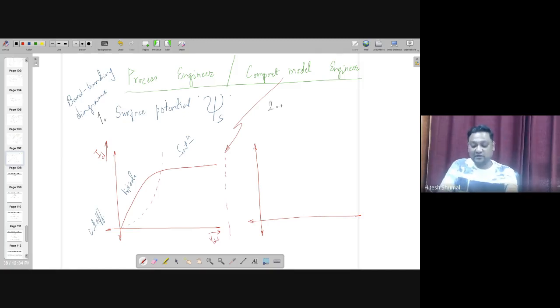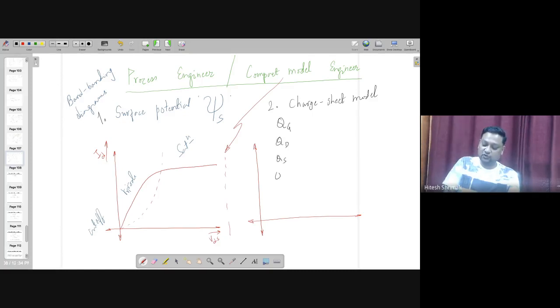This was one way to make the compact model. There is another way, which says do not go with the surface potential model, because this is not the fundamental way to derive all these things. The fundamental way says to write down the charge sheet models, using maybe Schrodinger's equation, and use the boundary conditions, Poisson equation, all this, doing the rigorous physics, and have the following equations: QG, QD, QS, QB.